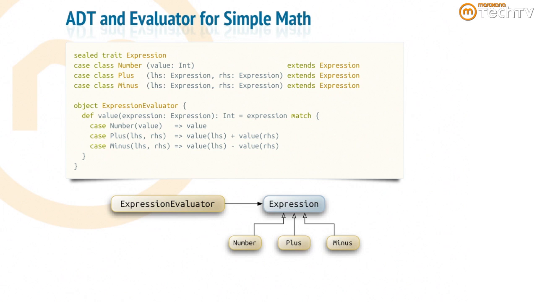Before we look at what other things you might want to do with expressions, let's just take a quick look at the coupling here that's implied by our class diagram. We have our expression evaluator, which depends upon expressions, and that's sort of what you would expect. That's probably what we're going to think of as necessary, because what's an expression evaluator to do if it doesn't know what it's evaluating, right?